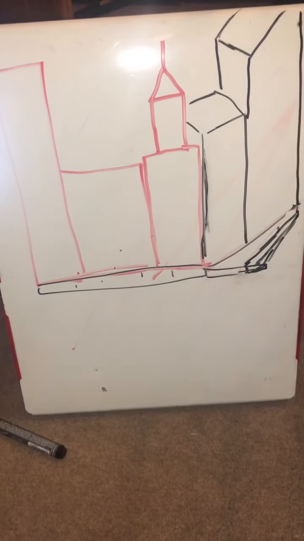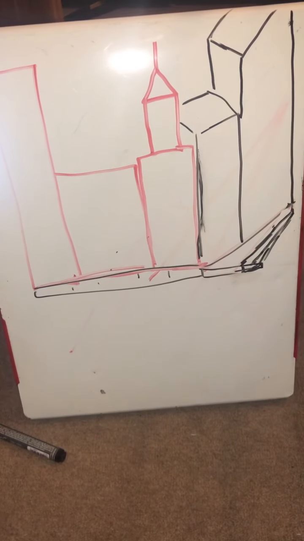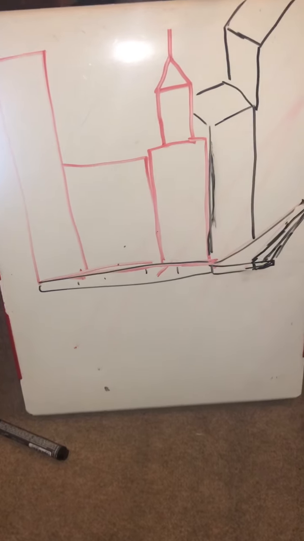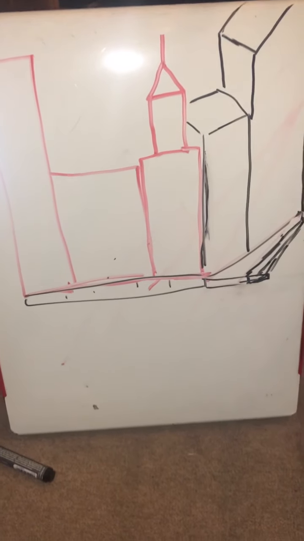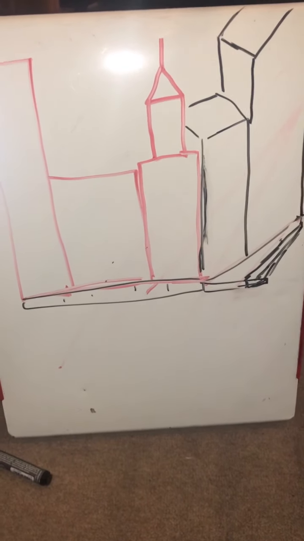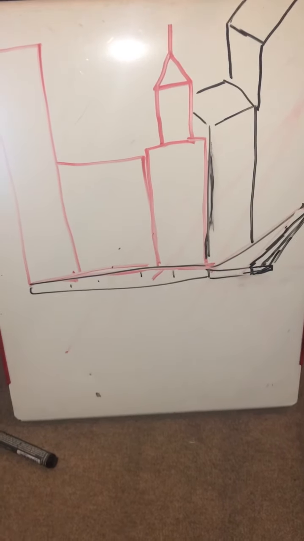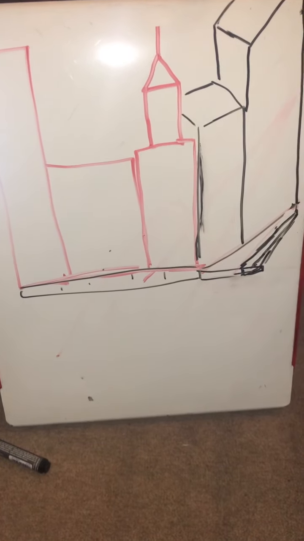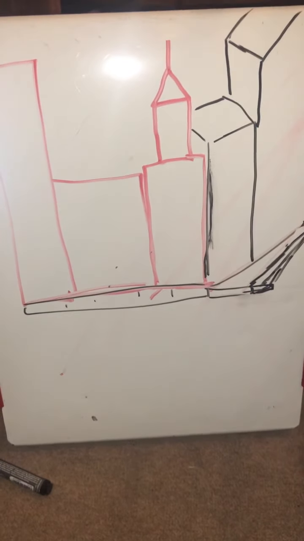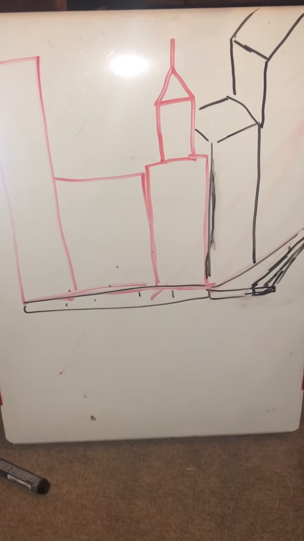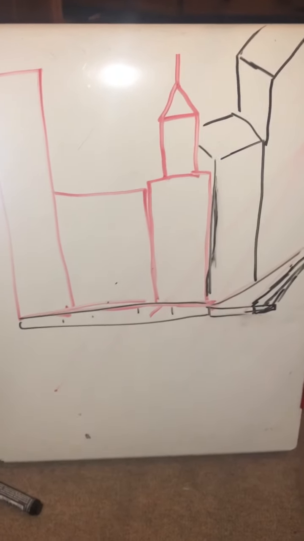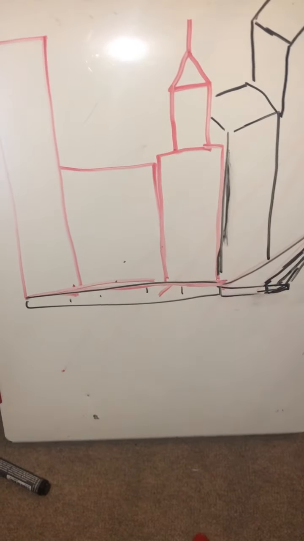So here is my very dodgy attempt at drawing New York City skyline. Now there is one rule that I want you all to follow that I very obviously didn't follow, and that is please use a ruler and a pencil. I couldn't use a ruler because every time I tried to draw the next line with the whiteboard pen, it decided to rub out the other line, so I was there forever.